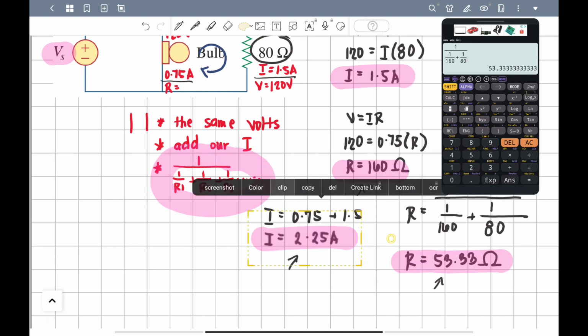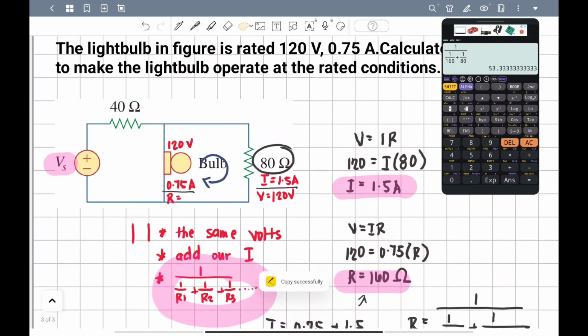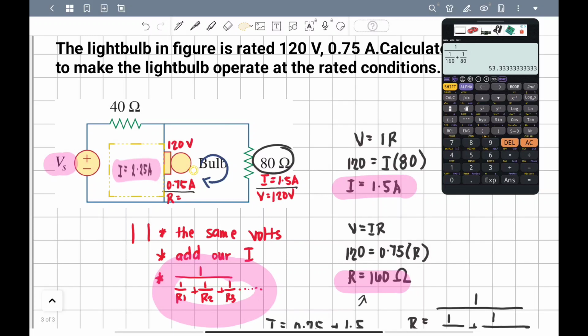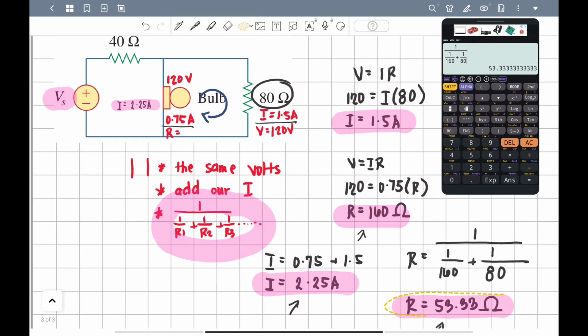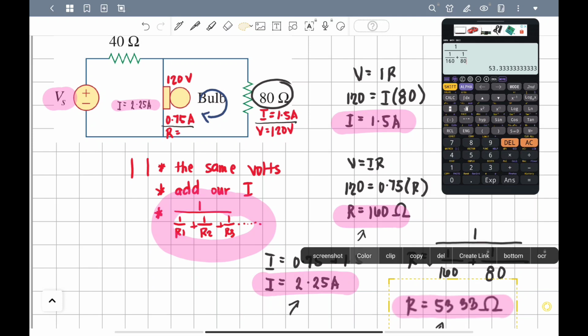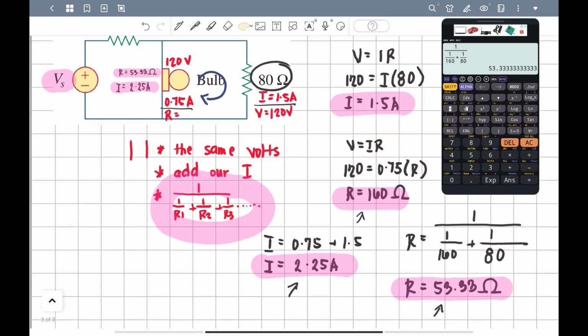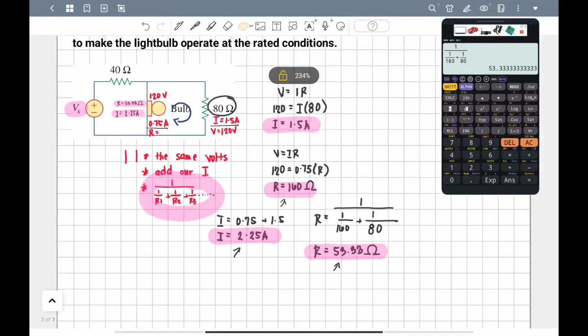Okay, copy. We have the current and we have the resistance here. Okay, now it is a different condition.